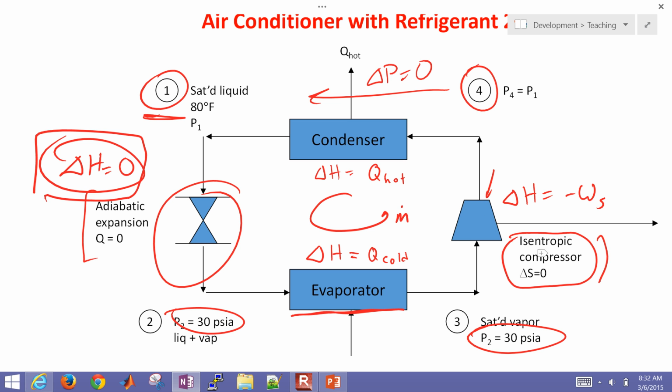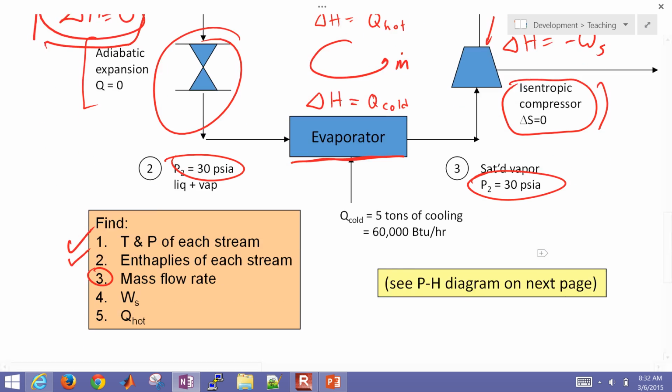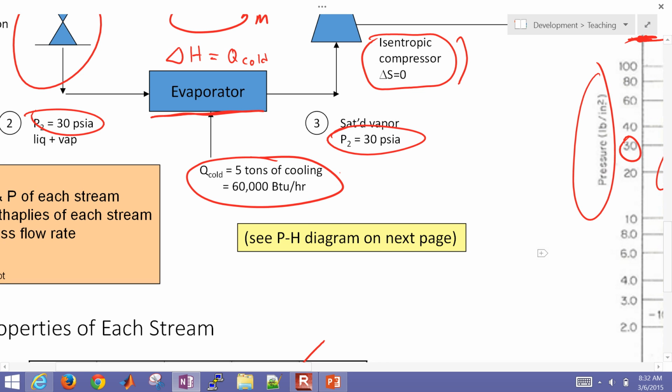so we're just going to start with, from the evaporator, we'll find the mass flow rate. Okay, so we know that we need that much cooling right there, and we know that this delta H equals Q cold, but we also know that delta H is going to be the mass flow rate times the change in specific enthalpy.